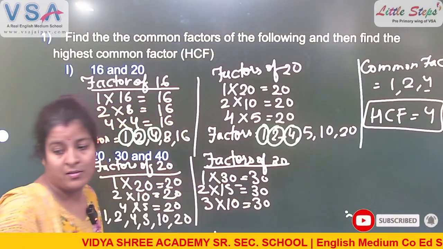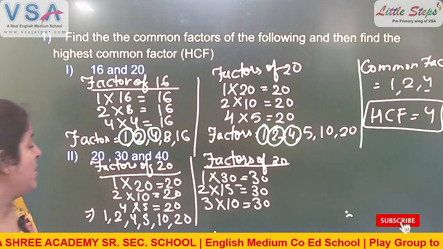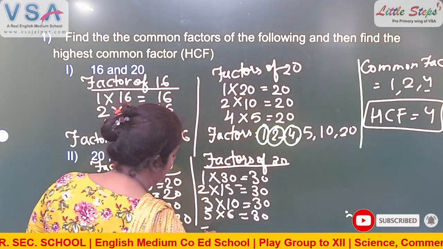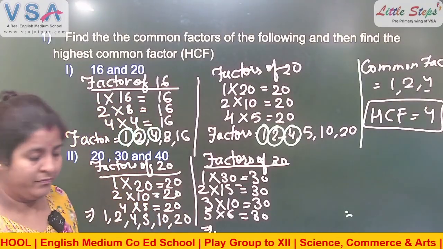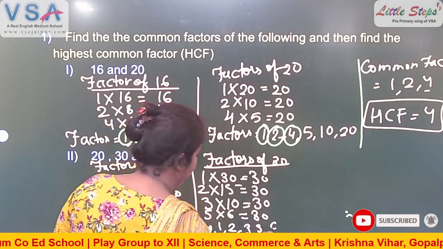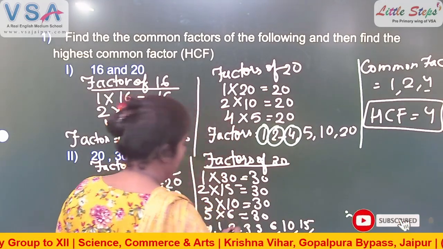Next. Yes, 5 6s are 30. Then the factors are 1, 2, 3, 5, 6, 10, 15, and 30. Yes, clap for Arya.